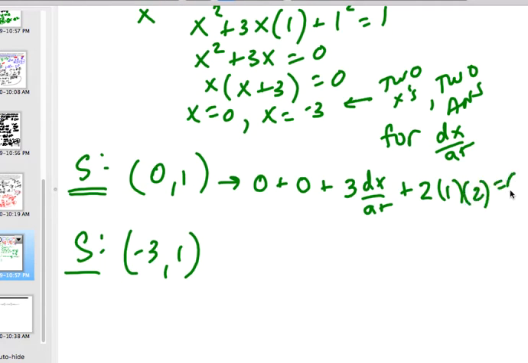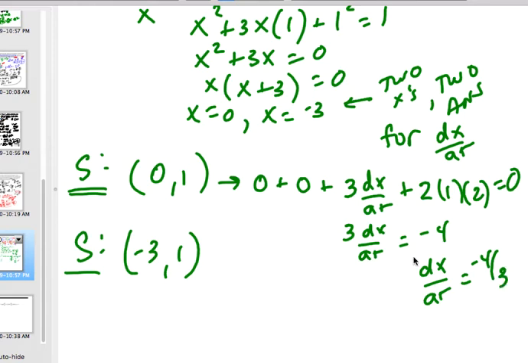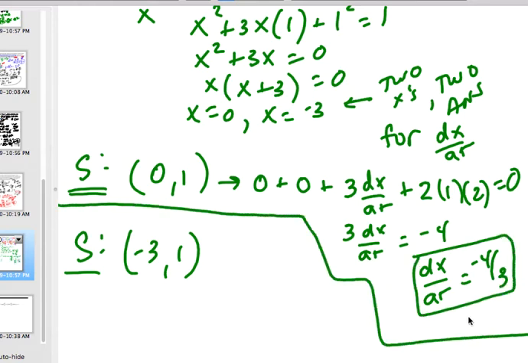And that's going to equal 0. So I'm going to get 3 dx/dt equals, this is a 4, right? So negative 4 when I add it over. So I'm going to get that dx/dt is negative 4/3. So that's one of the two answers, the answer I get when I use 0, 1.